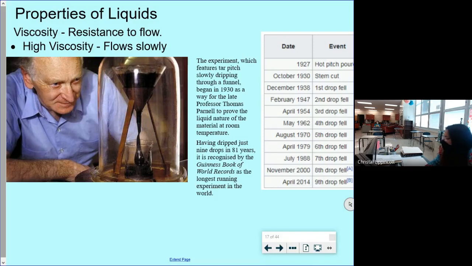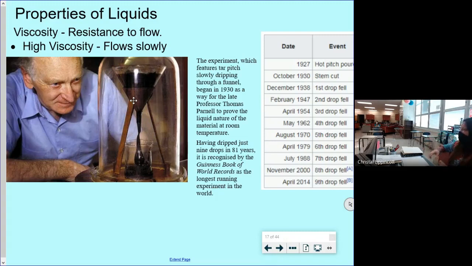Okay. So what this guy did, and I think he's probably passed away, but back in 1927, he poured this hot pitch. This is what they use sometimes, like on asphalt pavement, where they've got this line of stuff running between cracks to seal it up.